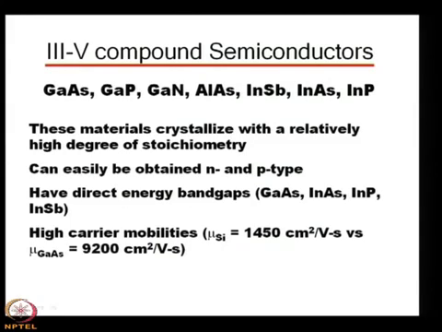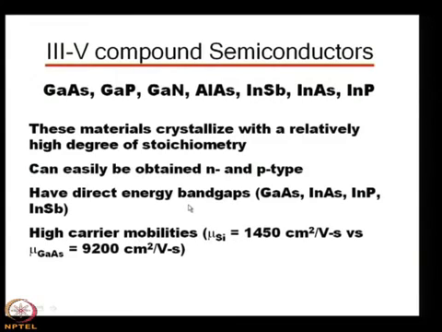The mobility of silicon at room temperature is 1450 centimeter square per volt second, and you can compare this with the mobility of gallium arsenide at room temperature, which is 9200 centimeter square per volt second. So, the mobility of gallium arsenide is manifold higher than the mobility of silicon.